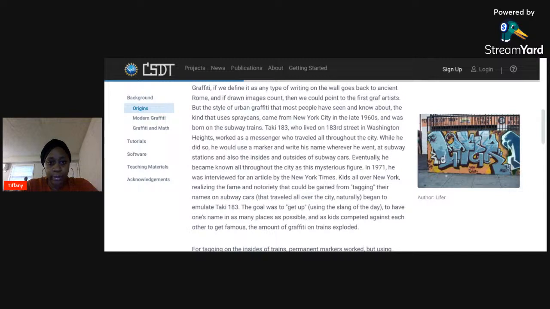Taki 183, who lived on 183rd Street in Washington Heights, worked as a messenger who traveled all throughout the city. While he did so, he would use a marker and write his name wherever he went, at subway stations, and also the insides and outsides of subway cars. Eventually, he became known all throughout the city as this mysterious figure.